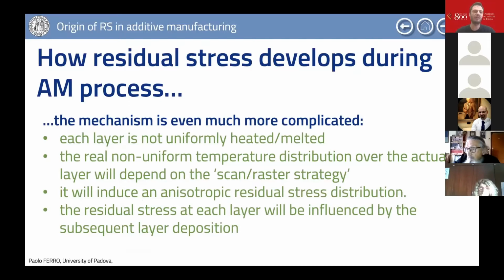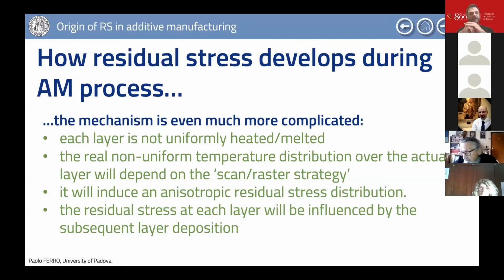First of all, each layer is not uniformly heated. You know that the heating depends, for example, on the scan strategy, the raster strategy, and process parameters, of course. Then the real non-uniform temperature distribution over the actual layer will depend on the scan raster strategy, and this induces a non-uniform distribution of residual stress.